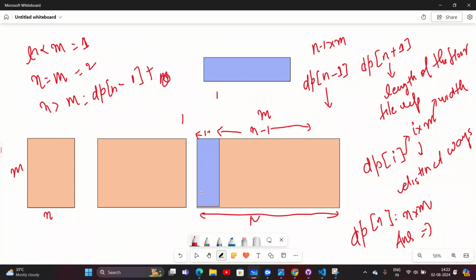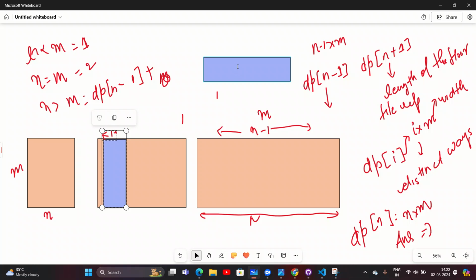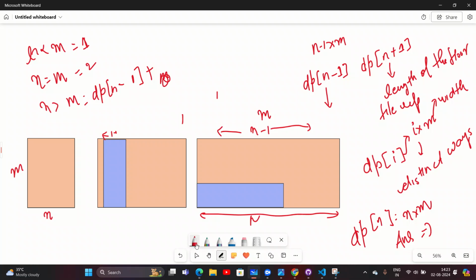Now if we place our first tile in a horizontal fashion, what will happen? Suppose we have placed this tile here. Now what will be the length of this remaining portion? It will be nothing but n minus m, because the dimension of the tile is m and the dimension of the floor is n, so the remaining part will be n minus m.